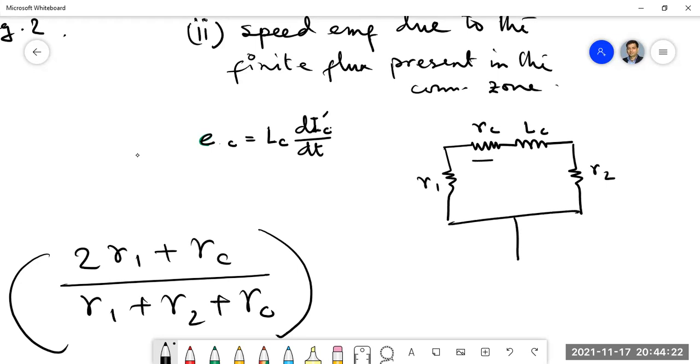Now this current which is flowing through this LC was IC, but after some time the IC was in this direction. What will be the change? Will the current change linearly, like this?